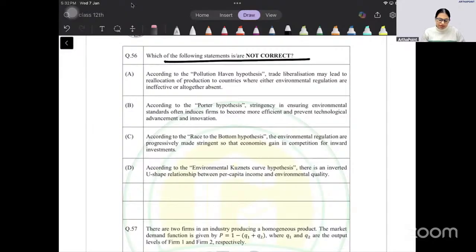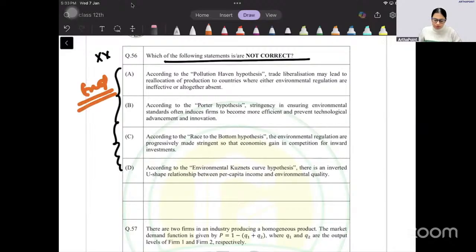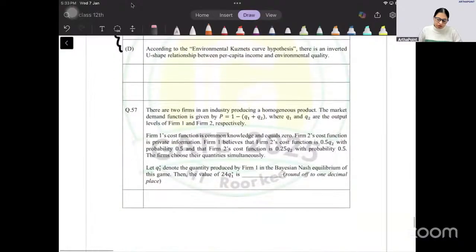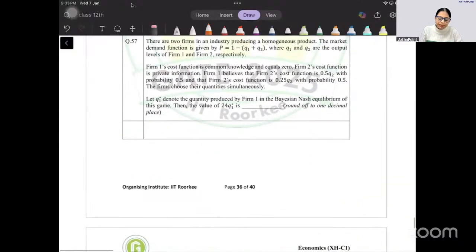I think most of you would not know what these terms are because it is an environment question. Let's leave it towards the end. I'll give you certain important definitions of environmental economics, which can help you solve this question. I'll take it towards the end, otherwise it will be a lot of time wasted to explain these concepts. Go on to the next question and wrap up the paper first.